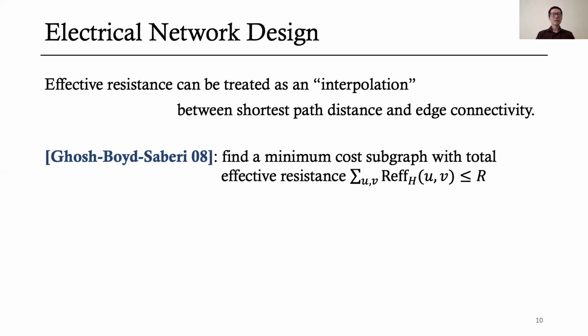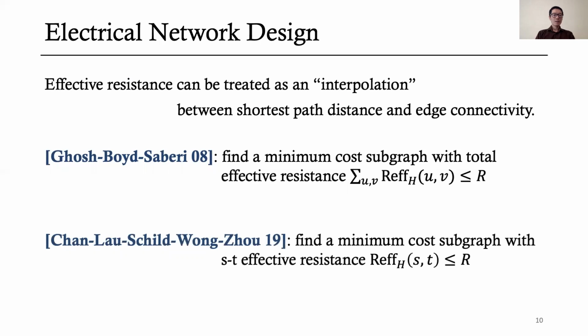They gave many applications of this problem, but there is no known approximation algorithm. Together with our co-authors Chan, Shen, and Wang, we also studied a problem where we have a single pair effective resistance constraint. However, in general, for all these problems, we don't know too much, especially about approximation results.